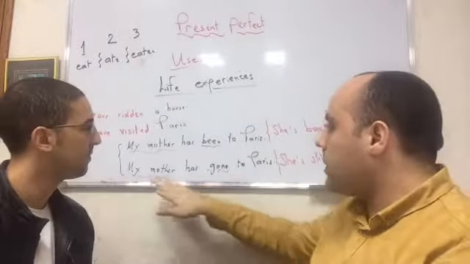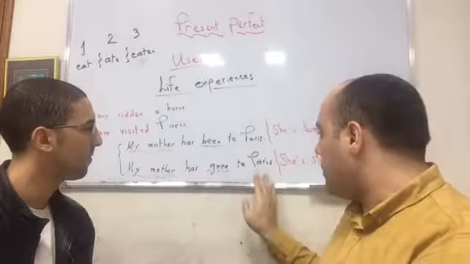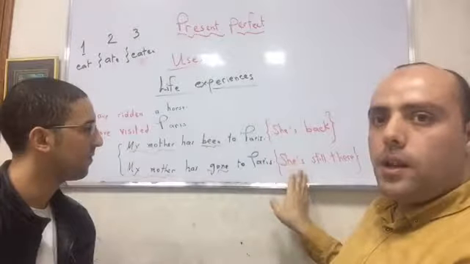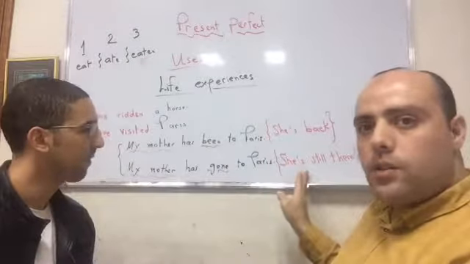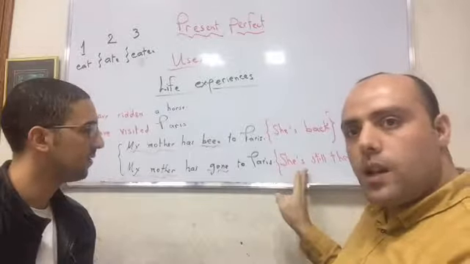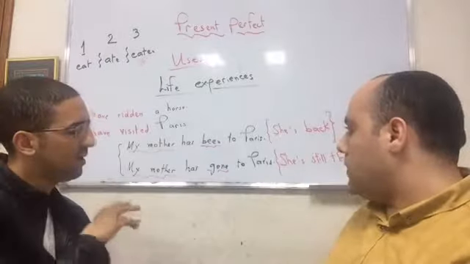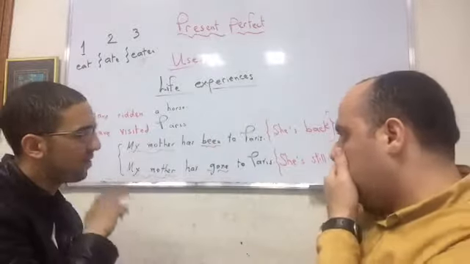But if I'm saying "my mother has gone to Paris," it means that she's still there, living or staying there. She's not in front of me right now. So here we have two uses of the present perfect.